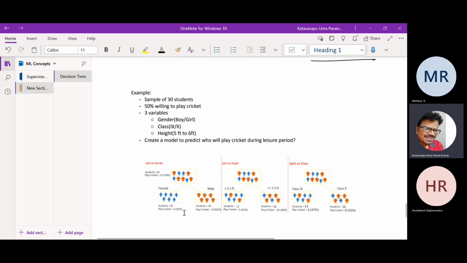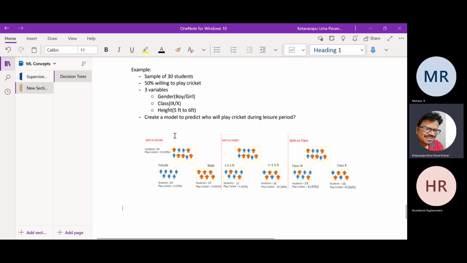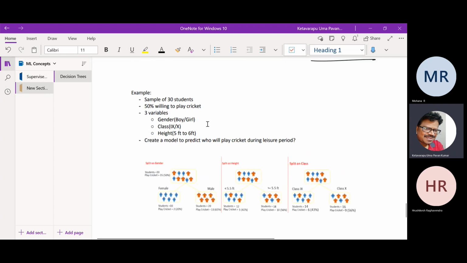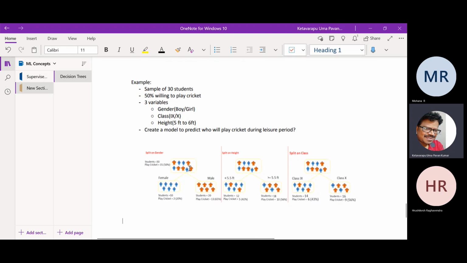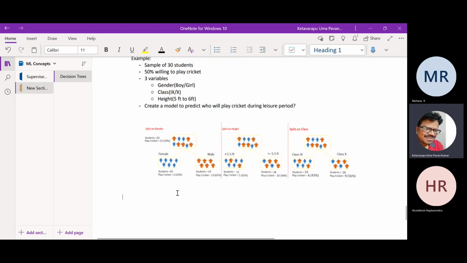Maybe I can go with gender, or split on height, or split on class. Now, in this scenario I have 30 samples in total, male and female, 30 students. Out of these 30, 50% are willing to play cricket, considering male and female together.